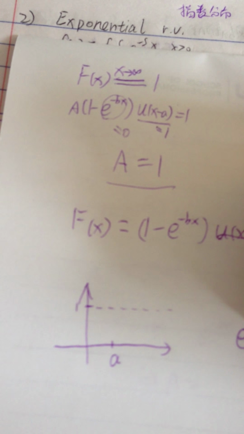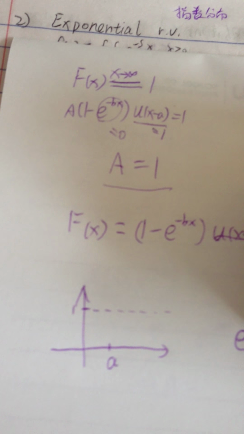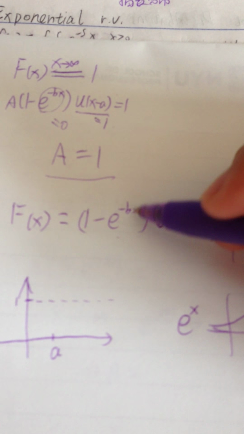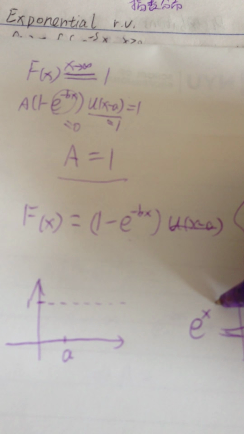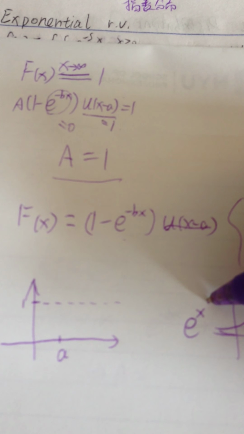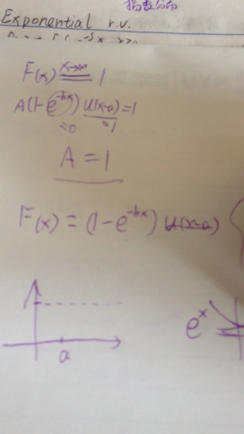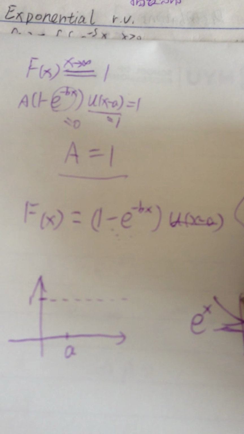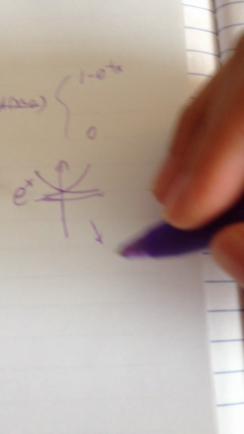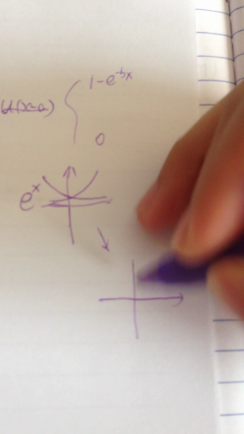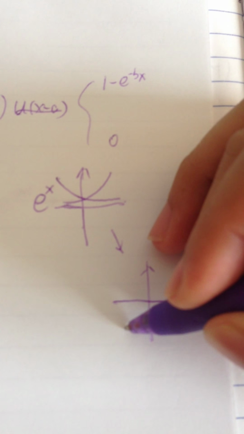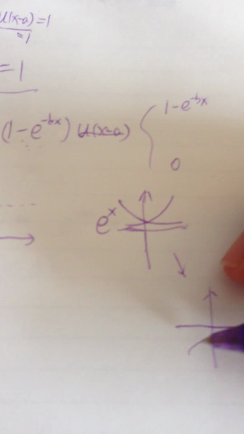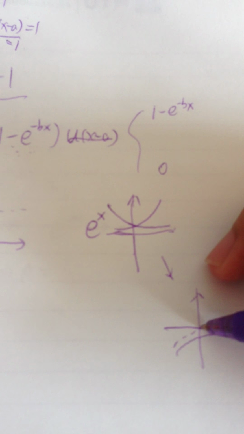e to the x is like this. So e to the minus b multiplied by x looks just like this. And there is a minus before that, so we have to change it and add 1, just like this.